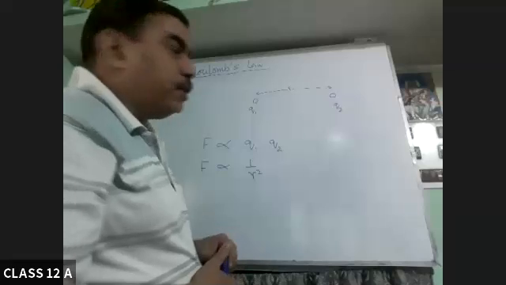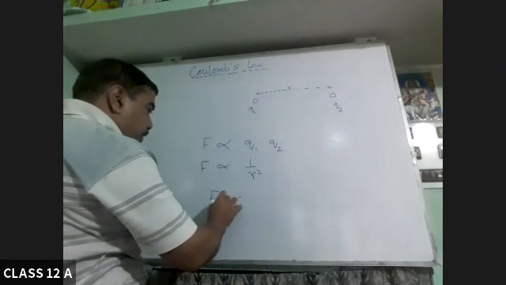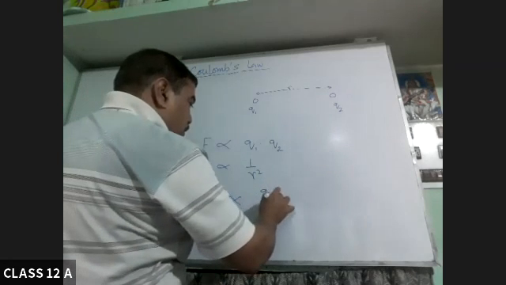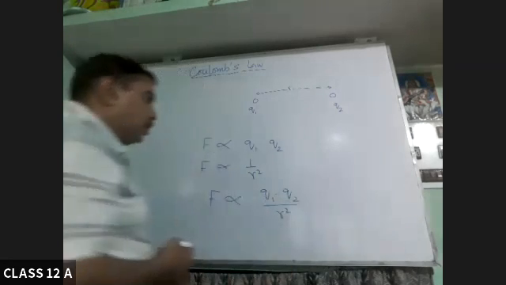So if we combine these two, what we will get? This F will be directly proportional to Q1 Q2 over R square.